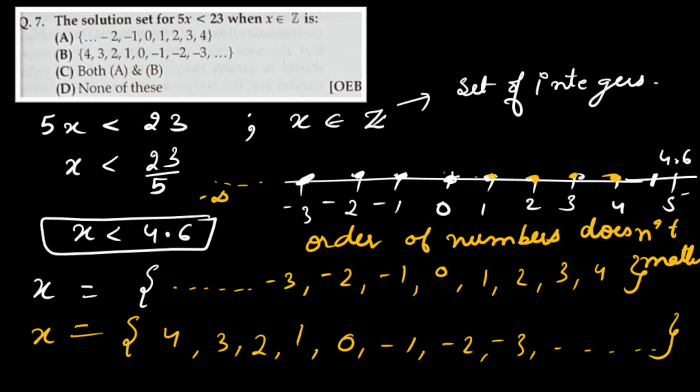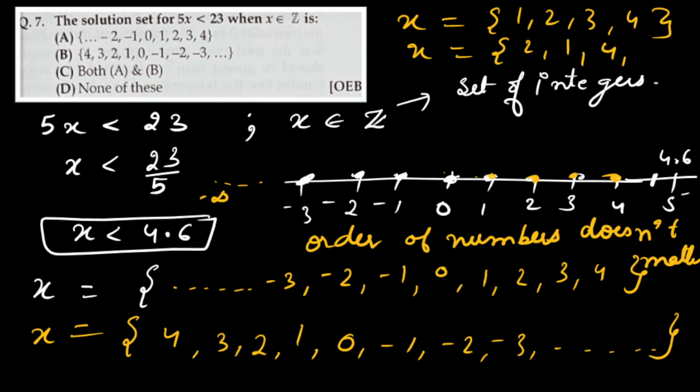See, whenever we are writing a set, order doesn't matter, and in any order we can write. If I have any set like 1, 2, 3, 4, I can also write it as x equals 2, 1, 4, 3. So order doesn't matter. Because of that, here both options A and B are correct. So option C is the correct answer. Option C is the correct answer.